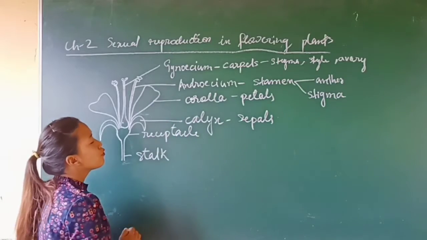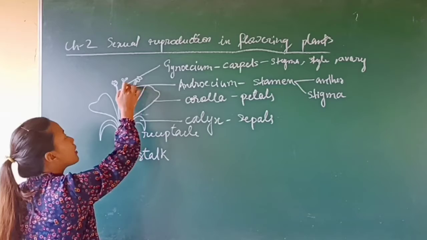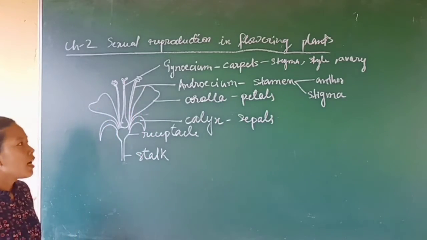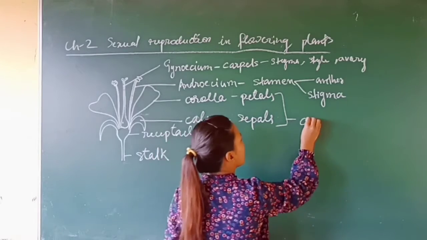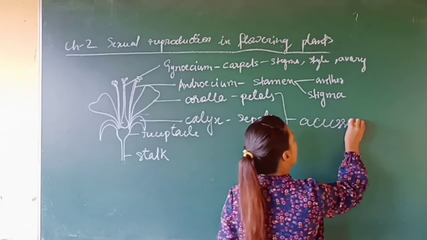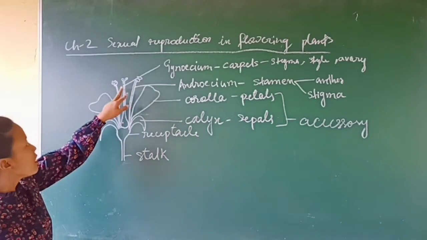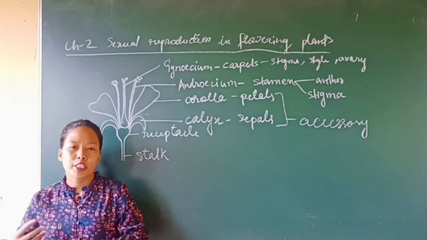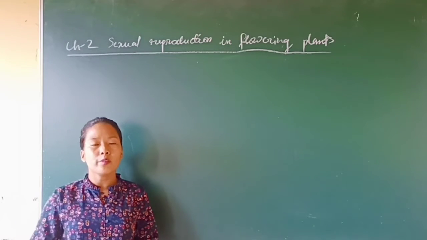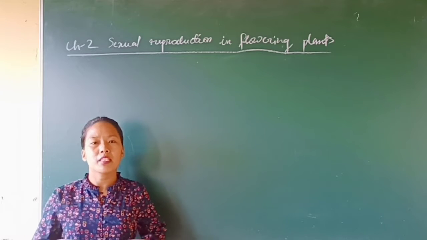Among these 4 whorls, calyx, corolla, androecium, and gynoecium, the first 2 are just accessory reproductive organs. Otherwise, the third and the fourth, that is androecium and gynoecium, are the main reproductive parts of a flower. Now we will discuss the structure of the androecium in detail.